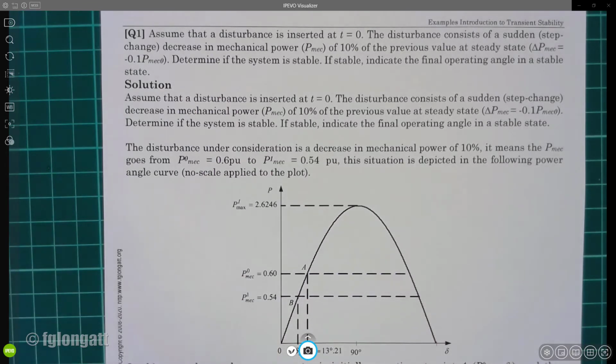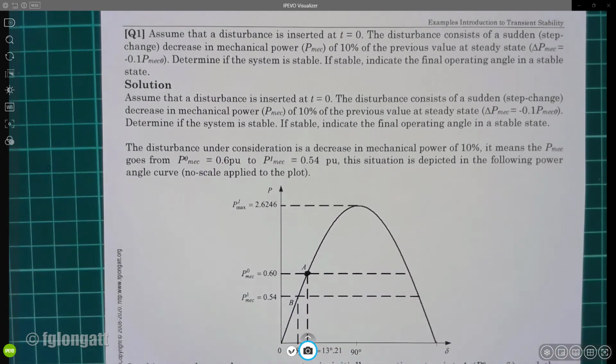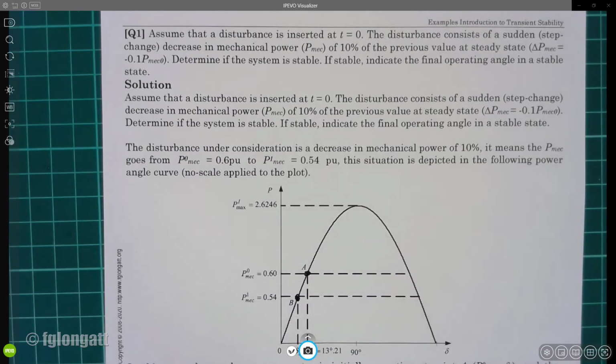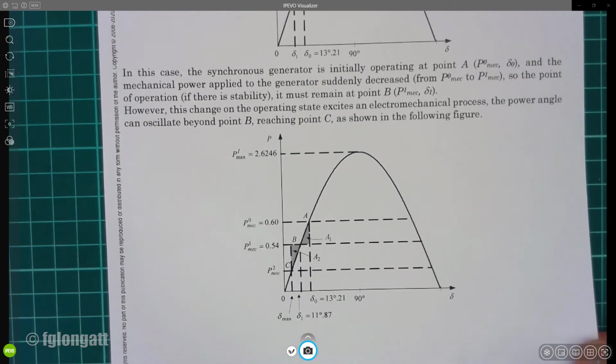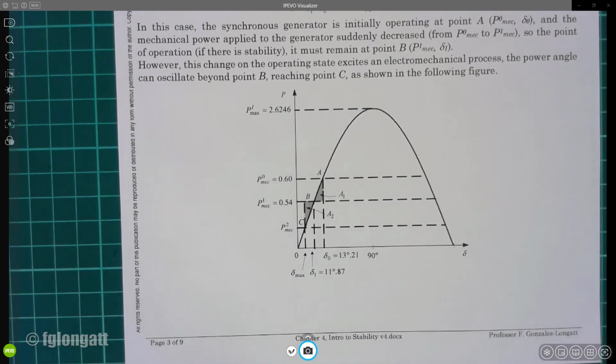That is this. We are here initially, this is the initial operating point, and then there is a sudden reduction on the mechanical power. What we want to know is whether this system will be able to overcome this kind of disturbance, okay?